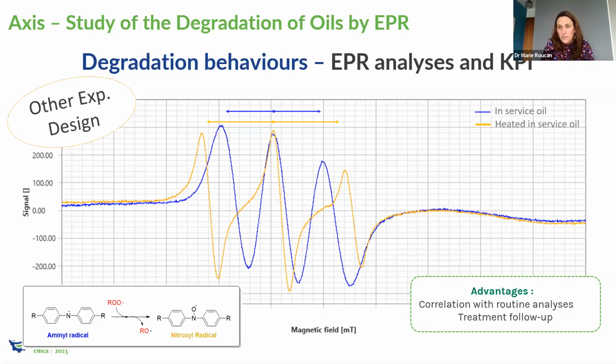This difference is that you went from the amine radical to the nitroxy radicals, and you can see the difference between these two, because the radical is different once you have an amine radical and then an NO dot, the nitroxy radical. So you can definitely see the different steps of the degradation of the antioxidant in your oil, and you can correlate it with routine analysis.